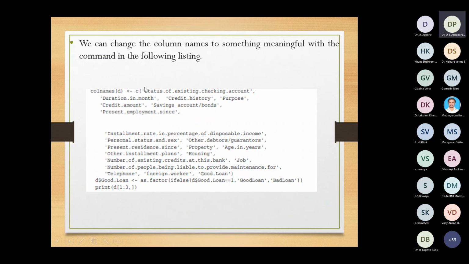Here you see one command we are using, that is c. The c command in R is used to construct a vector. If you want to construct a vector, you have to use the command c. Here what we have done is directly copied the column names from the dataset documentation. You may get a doubt about how we know that the status of existing checking account is taken from the documentation.